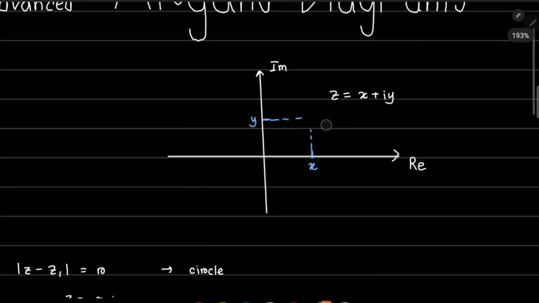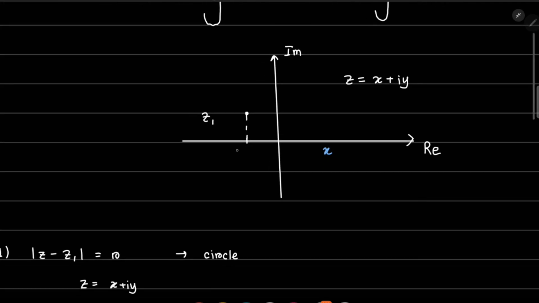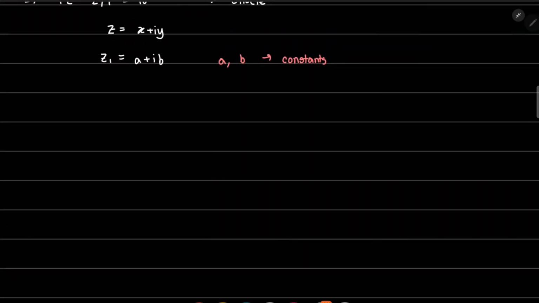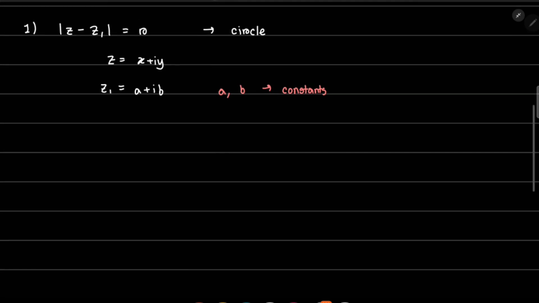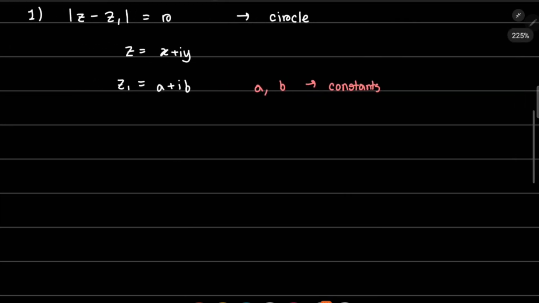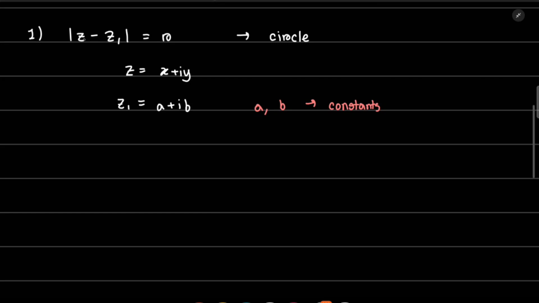So z is any point on this diagram, whereas z1 is a fixed point. So suppose this is z1, it's fixed over here. So it's a and b. For a form like this, the center of the circle will be at (a, b) and the radius will be r.